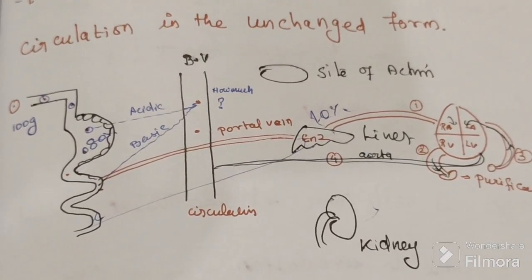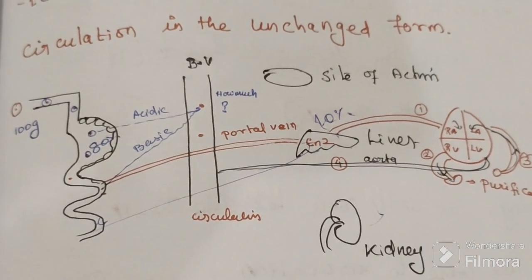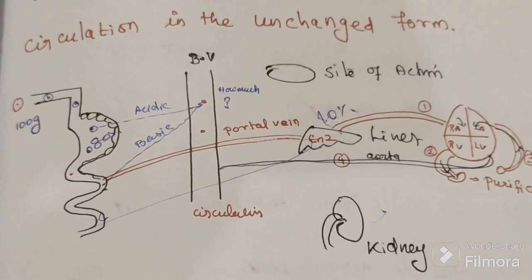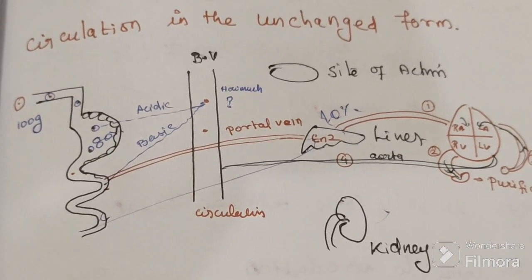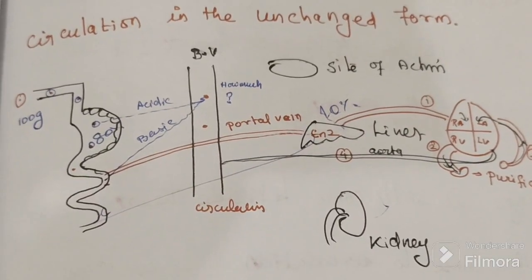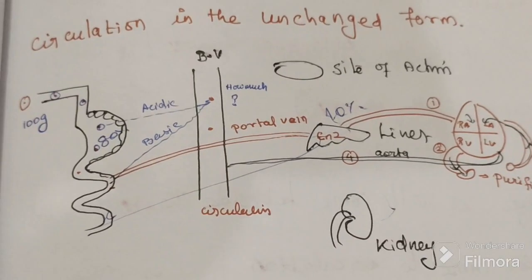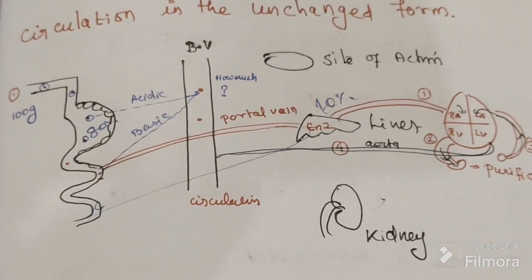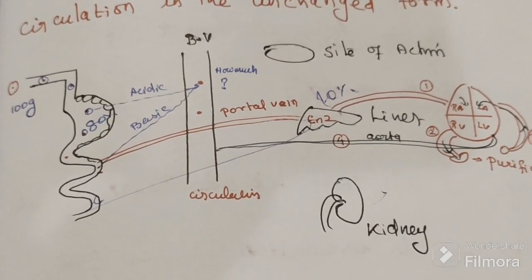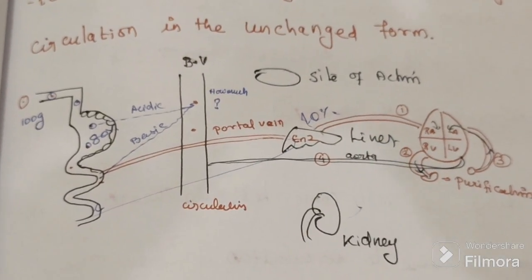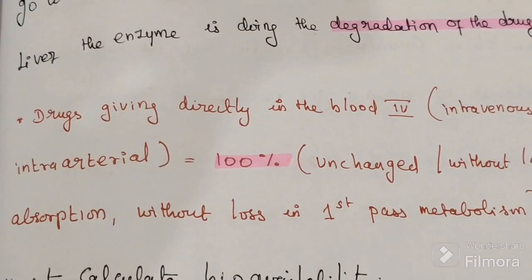The percentage may vary with the route, and we give drugs by various routes. 100 percent bioavailability occurs in only one route, the intravenous route.